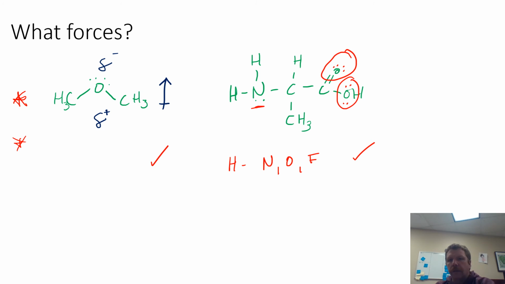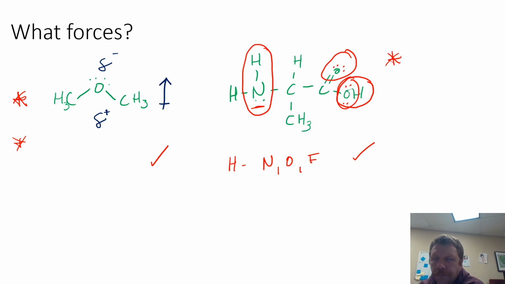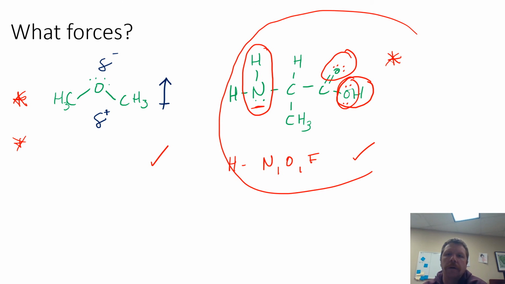In our molecule on the right, we've got a hydrogen bound to a nitrogen with a lone pair of electrons, and an oxygen with two lone pairs of electrons and a bond to a hydrogen. So which one of these would meet the criteria for hydrogen bonding? Well, this molecule right here. This one, well, it's going to be strongly held together, but through dipole-dipole interactions.